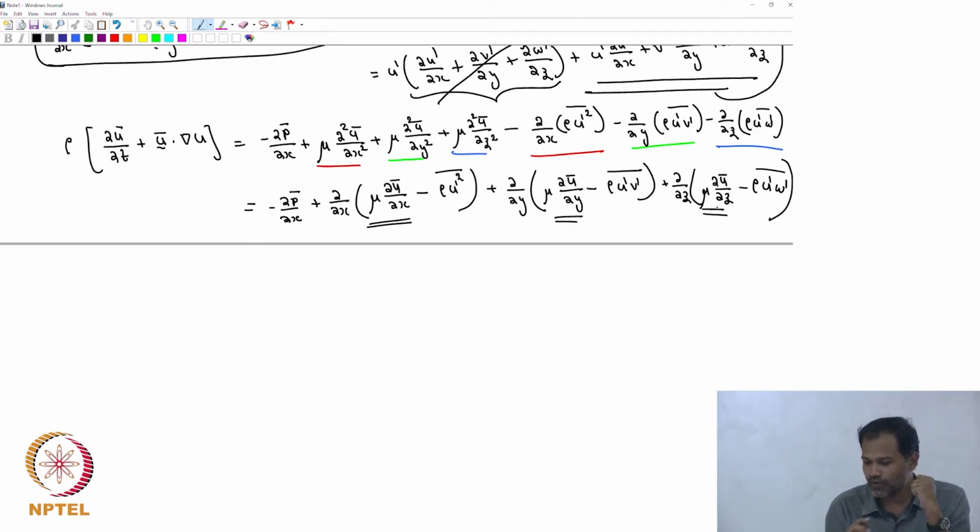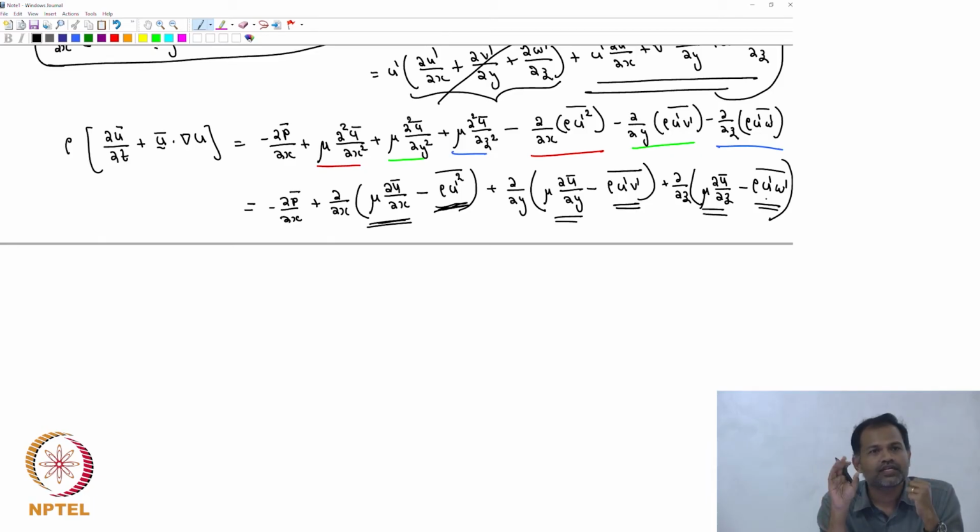Now, what we are saying is that if you look at the equation for the mean flow, it's not viscous stresses alone; there is something else also appearing along with those stresses. The first stress contains something extra, the second one also contains something extra, the third one also. That extra stress is known as turbulent stress.